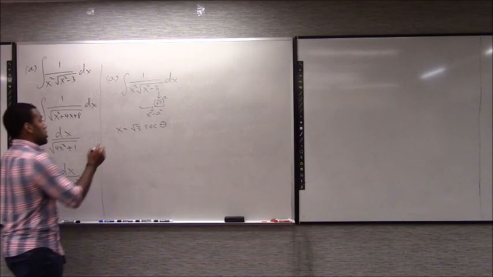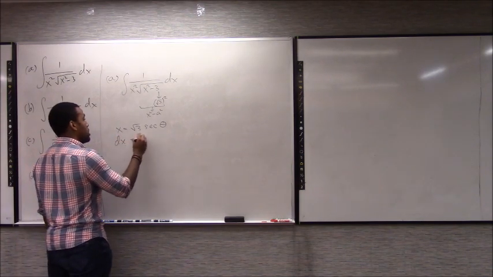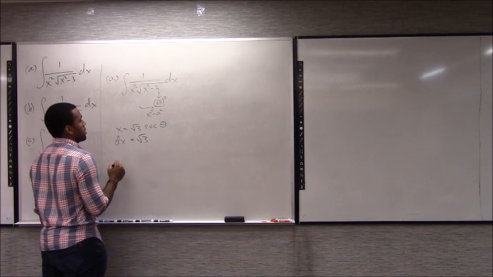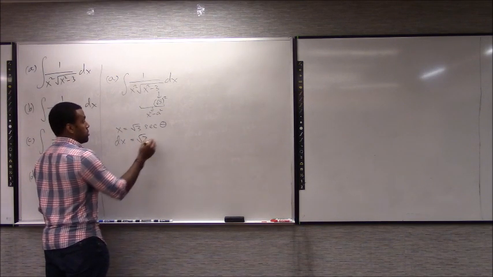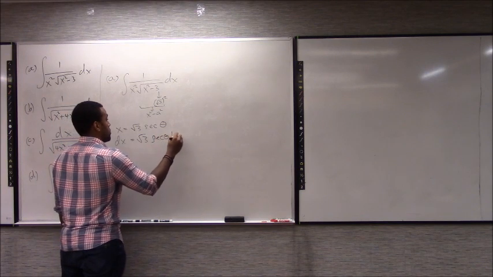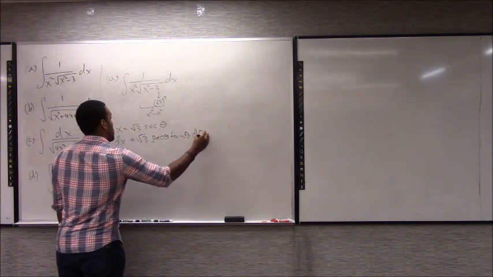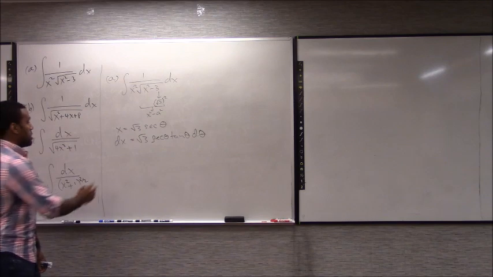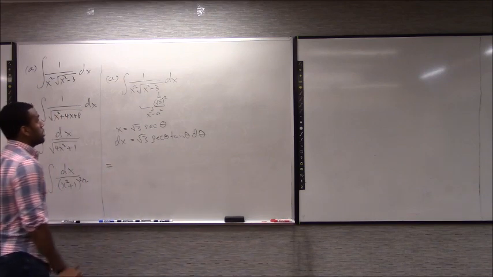Our dx would be the derivative of secant, root 3 secant theta tangent theta d theta. We go back to this integral and plug all that in.